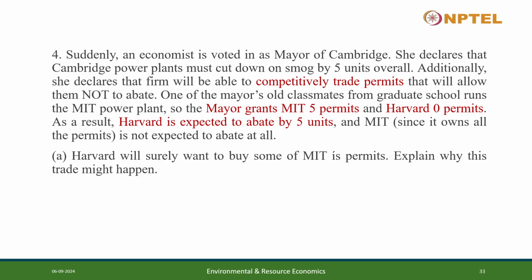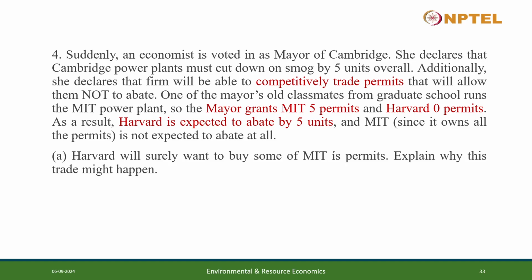So in the question 4 part, we have tried to look into the case where one of the plants is given 5 permits, and another plant with higher marginal abatement cost curve is given 0 permits. However, it is expected to abate pollution equal to 5 units. So the question is whether this plant will abate 5 units of pollution, or it will buy permits from MIT.